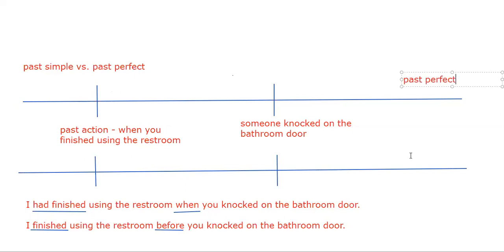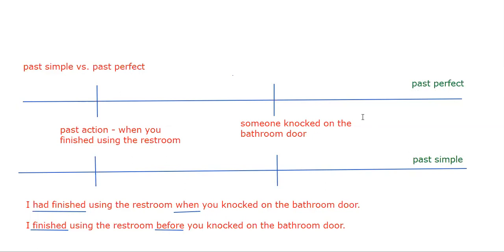And let's say that this timeline here is, let me use a different color. Let's use green, not light green, dark green. Light green looks nasty. Okay, so past perfect and past simple.